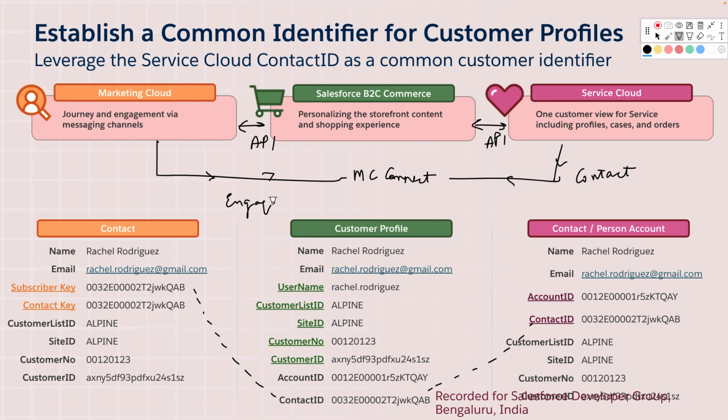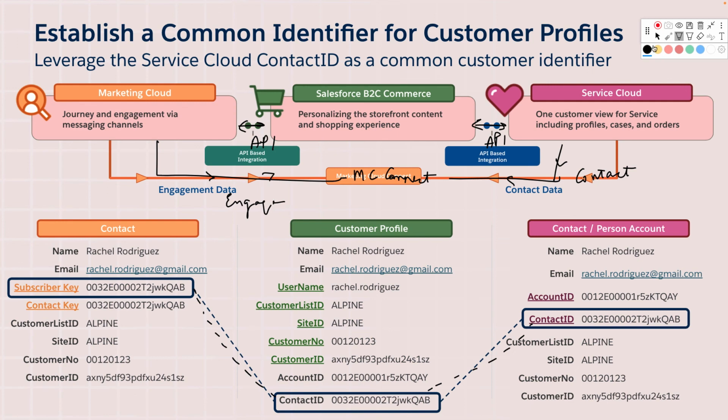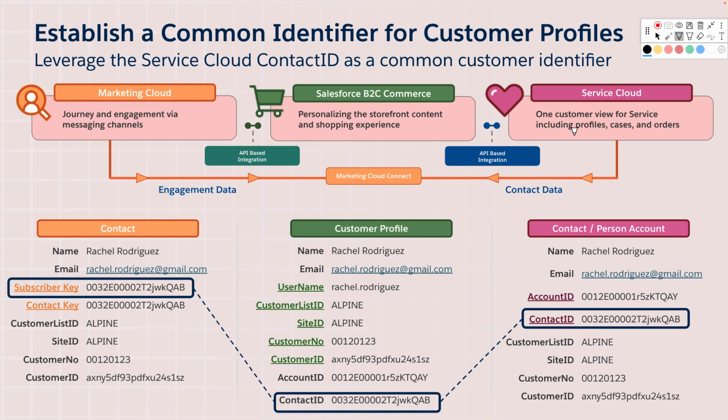So as we go forward, this is how it looks in terms of the implementation, and that makes things very clear about what I need to do when I've got multiple clouds. I need to rely upon the contact ID coming from platform and service, and through that make sure that in any scenario I am able to create a single profile for a customer, in the case of multiple clouds being present.